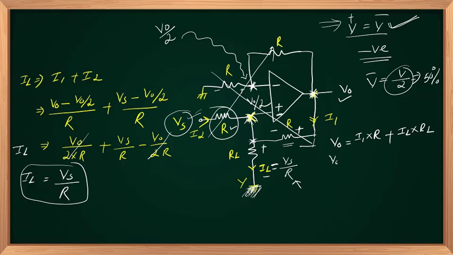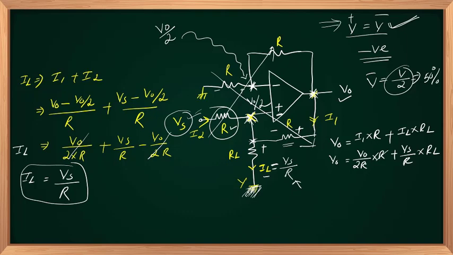The value of I1 was V out minus V out by 2, by R, that was equal to V out by 2R multiplied by R, plus IL multiplied by RL. IL was Vs upon R multiplied by RL.